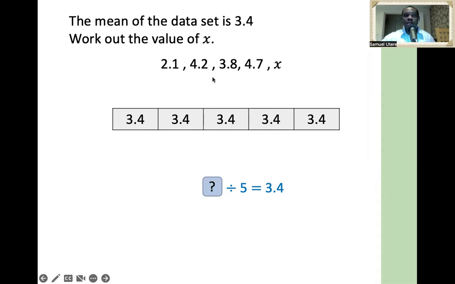So in this case, we have 1, 2, 3, 4, 5. So if we had 5 blocks and we're being told that the mean of the data is 3.4, it means each of these boxes should have 3.4. So whatever this is divided by 5 is 3.4.